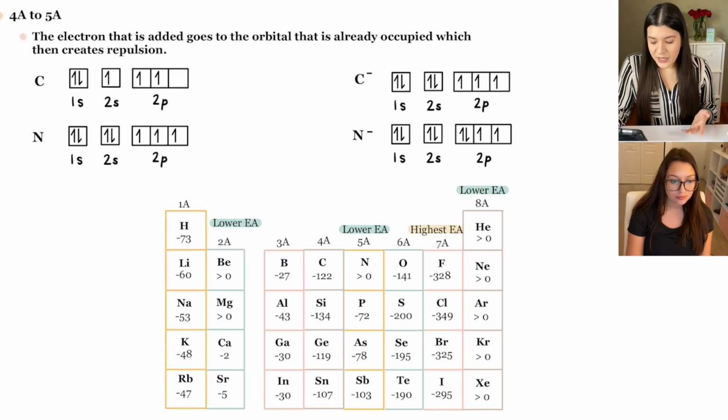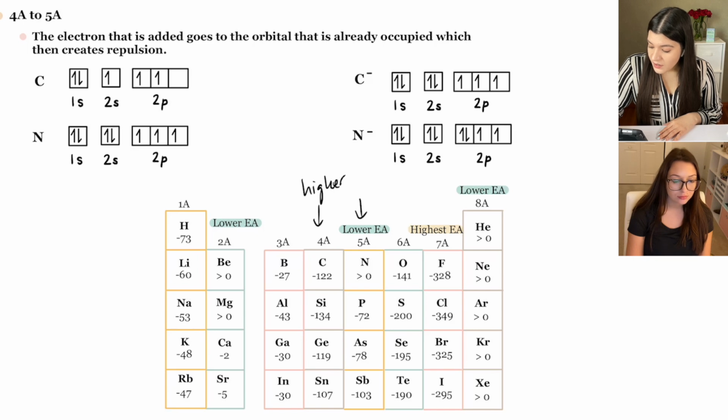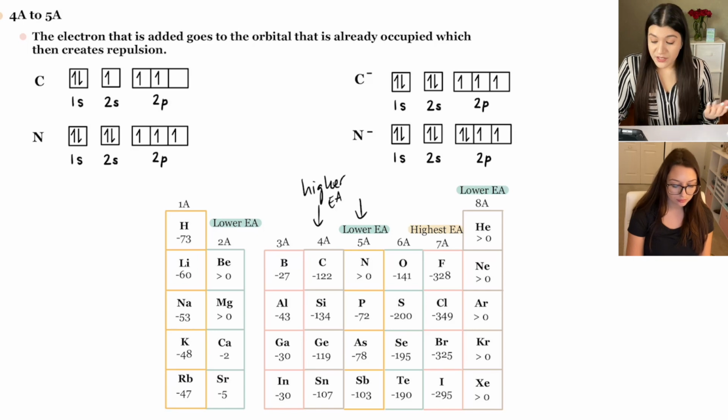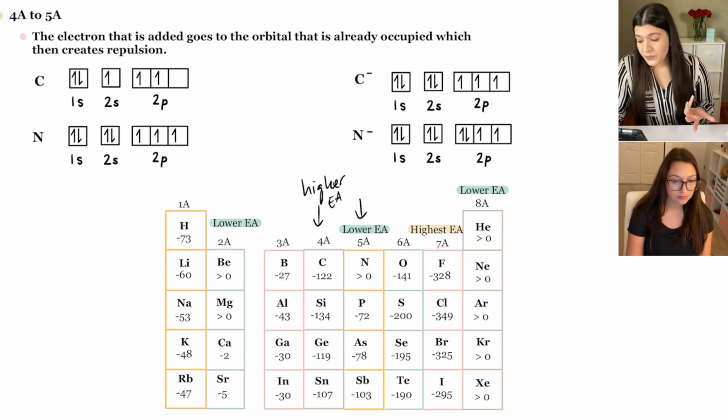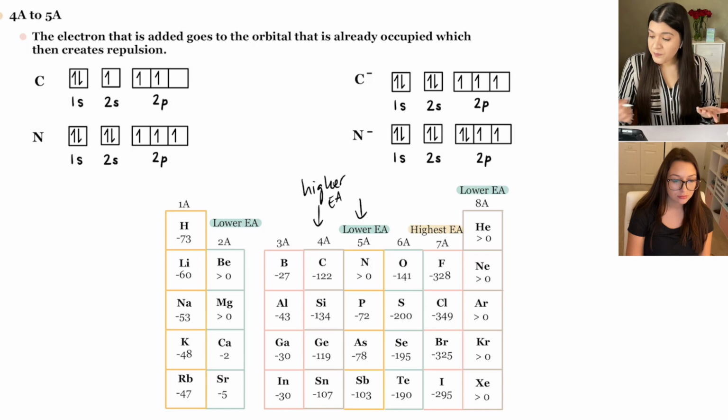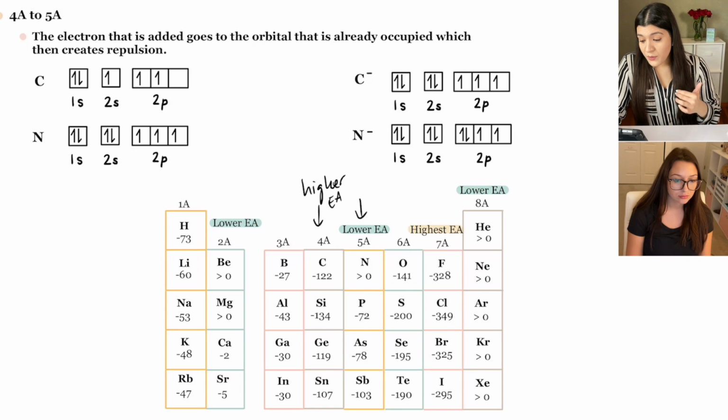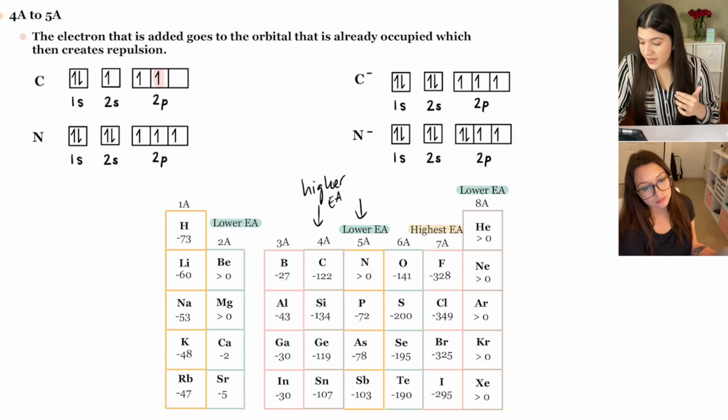So same sort of concept here, going from 4A to 5A. 4A is actually going to have a higher electron affinity versus our 5A, which would have a lower electron affinity. Now, if I were to once again look at the orbital diagram, if I added an electron to carbon, then I would add the electron here.